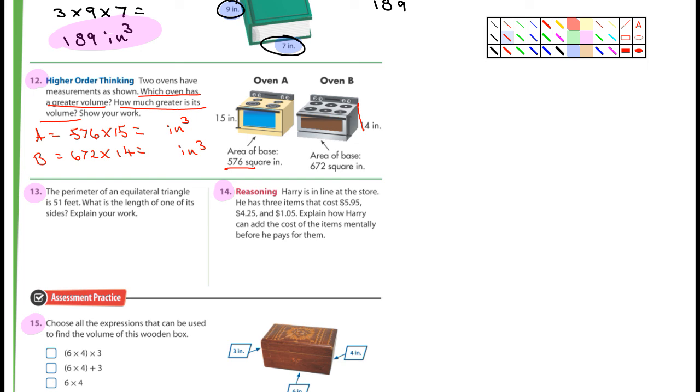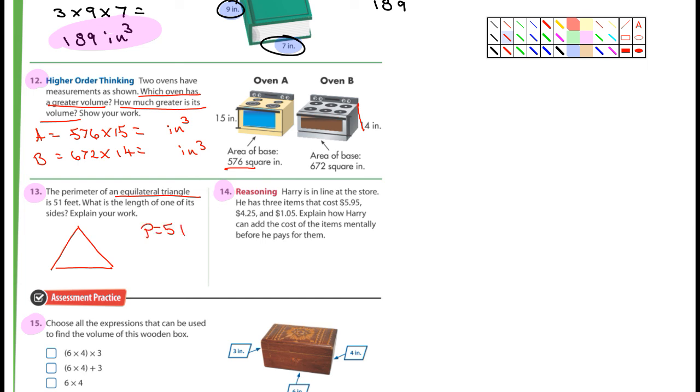Number 13, equilateral triangle. What's an equilateral triangle? A triangle with 3 equally lengthed sides. The perimeter is 51 feet. So perimeter equals 51.